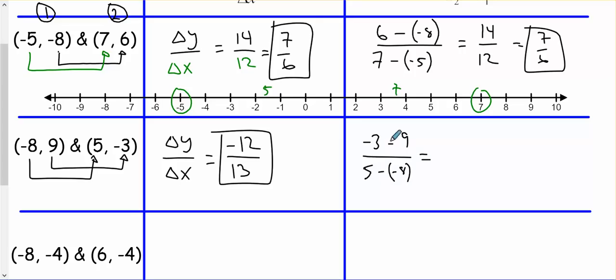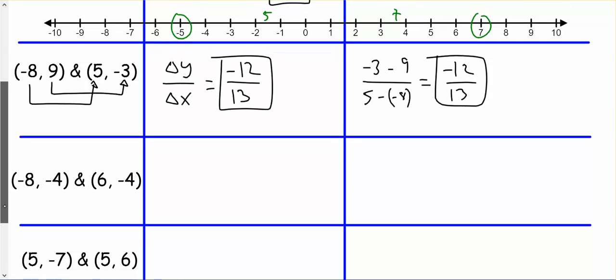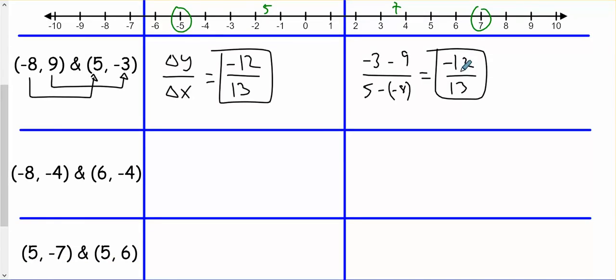And we get -3 minus 9 is -12, and 5 plus 8 makes 13, and we get the same answer. This has a negative slope, -12 over 13. -12 over 13 means we're going down 12, right 13. So down 12, right 13, you can see that's a negative slope.